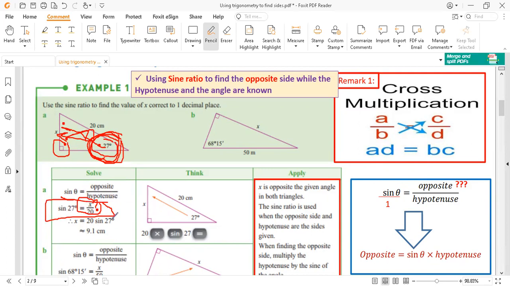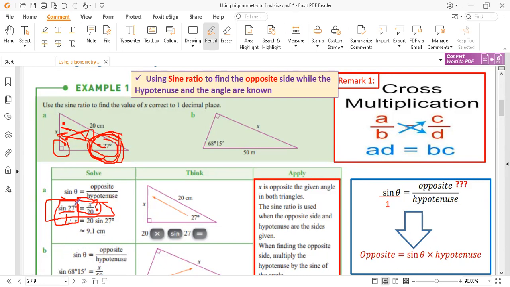Because we have a fraction on the right-hand side of the equal sign, it is easy to think about cross multiplication. If we have one number, we can put 1 as its denominator to obtain another fraction on the left-hand side of the equal sign.